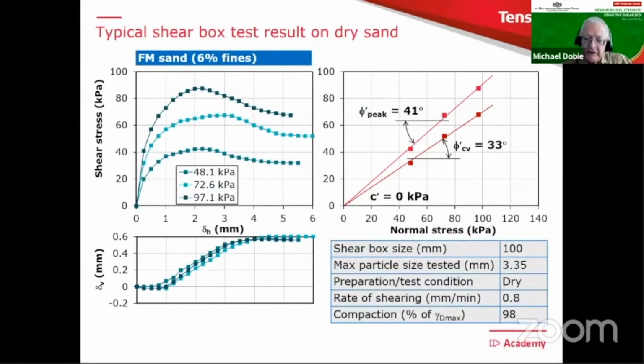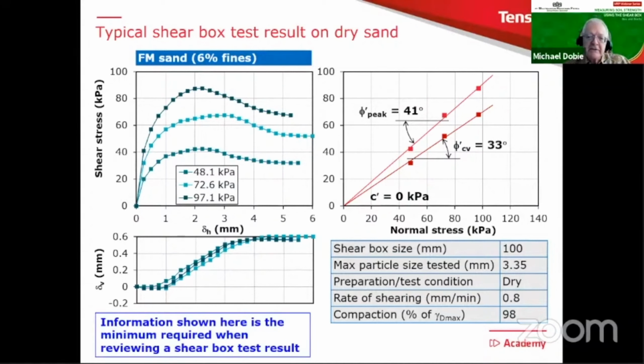It was tested and prepared in a dry condition. The rate of shearing was quite fast, it's 0.8 of a millimeter per minute. And some information about the density or the compaction condition of the soil, in this case, 98% of the maximum dry density. And if you like, this information that you see now is really what you need as a minimum to be able to review a shear box test.